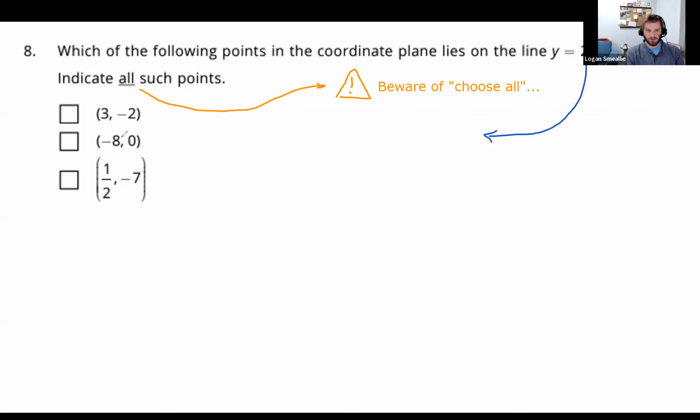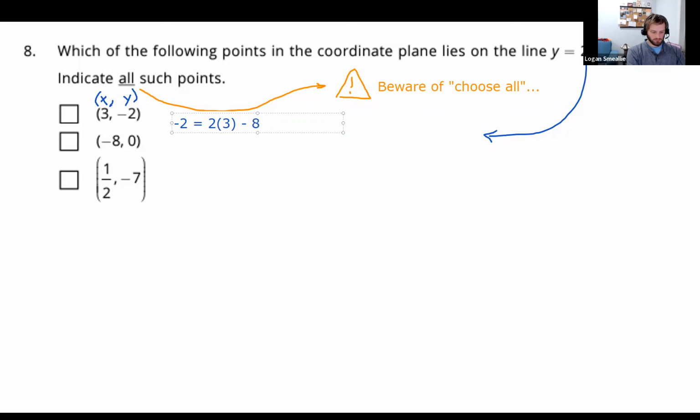Remember, this is x and y. That's how our coordinates go. And we're just going to plop those into our equation and see what happens. Y equals 2x minus 8 becomes, if y is -2, -2 equals 2 times 3 minus 8.